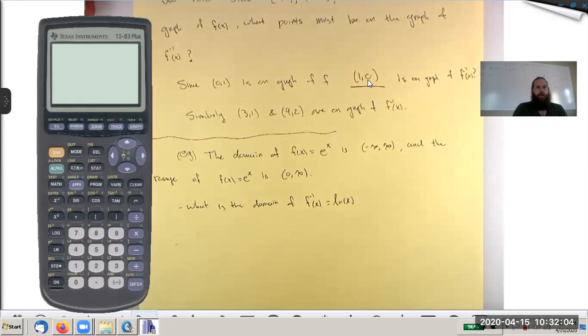Okay. Remember, the idea here is that if (a, b) is on the graph of f, then (b, a) is on the graph of f inverse, which means everything that's in the domain for f is in the range for f inverse, and everything that's in the range for f is in the domain for f inverse. So what is the domain of the inverse function here?